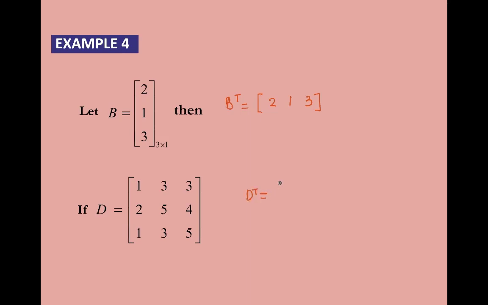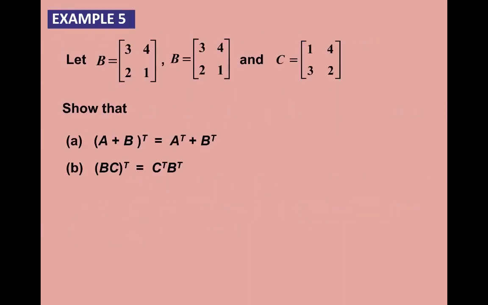The first row is 1, 3, 3, and now 1, 3, 3 will become the column. Next is 2, 5, 4, and the following is 1, 3, 5. So this is D transpose.